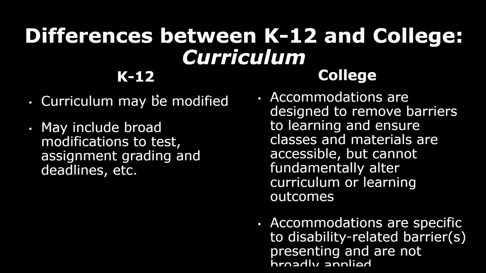But like I said, they can't fundamentally alter curriculum or learning outcomes for a given class. At the K-12 level, because of the IDEA Act, which guarantees a student's right to their education, accommodations are geared towards that success piece.